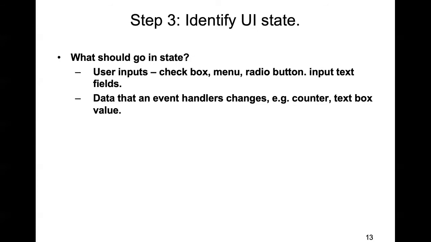Anywhere there's user input in your UI, that user input will be linked to a state variable for some component. Again, remember now at step 3, we're not concerned with linking the state to a particular component. All we're interested in is identifying where there is state within our UI layout.